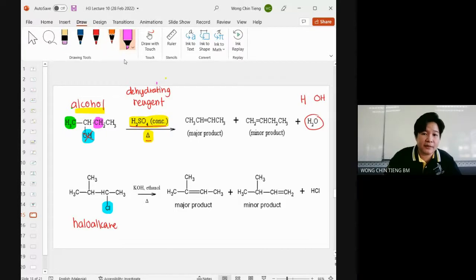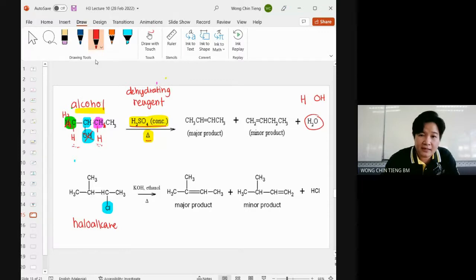This is the carbon that we are looking at, the carbon that holding the OH. The carbon will remain that. What are we looking at is the carbon next to it, hydrogen next to it. Dia akan ada satu hydrogen. So yang ni jadi H2 lah. Alright, dia akan jadi H2 kat sini. Kat sini akan jadi H sebab satu lagi hydrogen kita kembangkan. Okay? So, dia boleh gabung dengan dua-dua hidrogen. Mana-mana hidrogen kiri atau kanan.